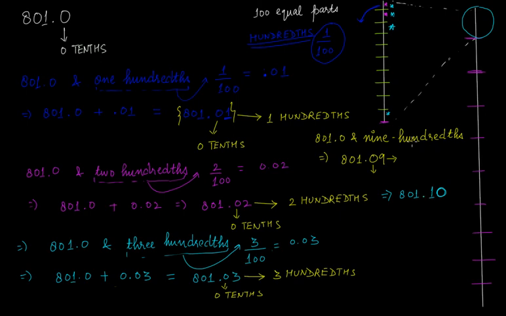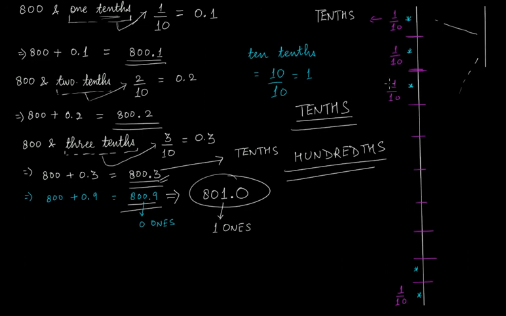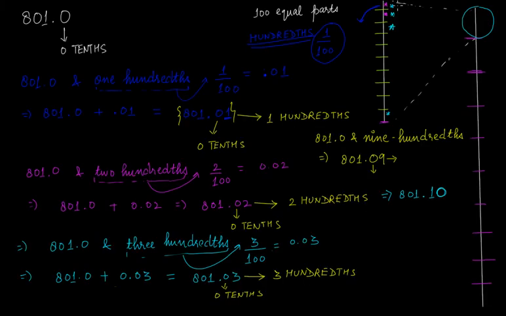Again, as we saw here, when we took this entire 10 equal portions, then it became the entire line segment. After it became the entire line segment, this 800.9 is now actually 801. Why 1? Because now you are having one entire line segment. Similarly, if we have divided all these sections into 10 equal parts, therefore it is now 100 equal parts.